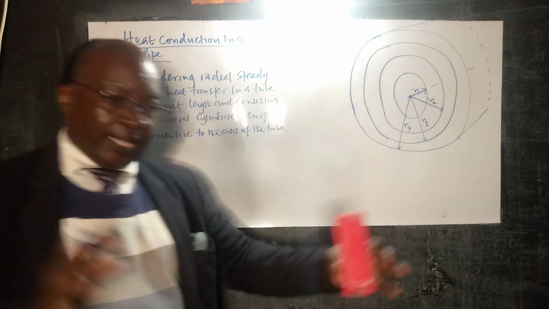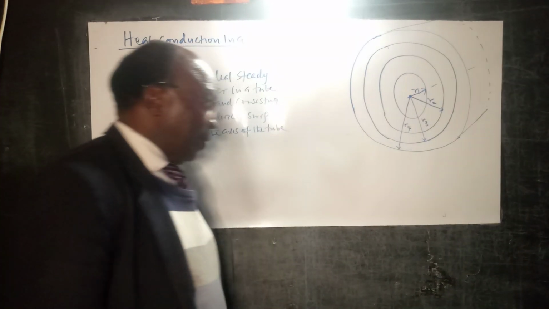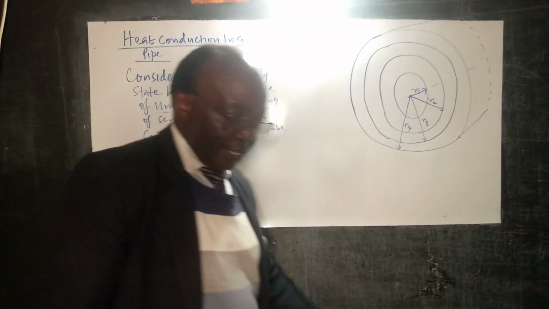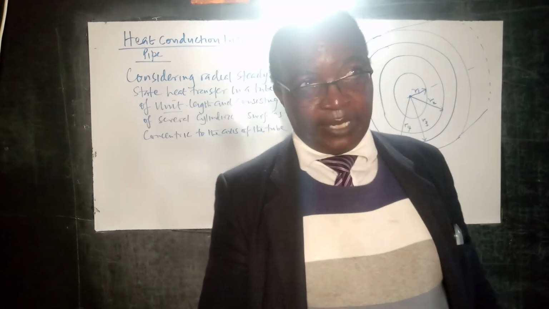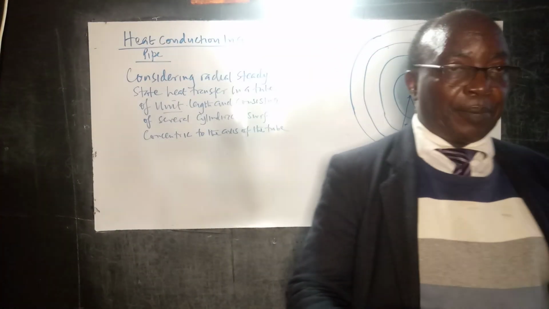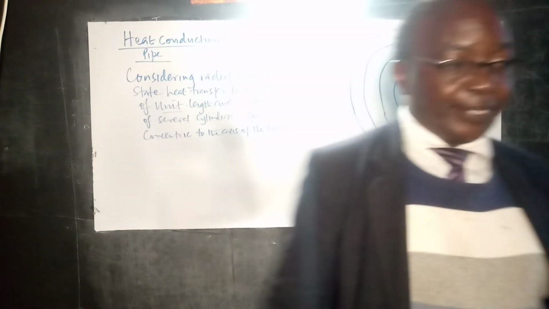So we're assuming that the heat transfer in this system, the radial heat transfer, is a steady state heat transfer. What does that mean? One, we have always talked about no accumulation of energy, no accumulation of material.